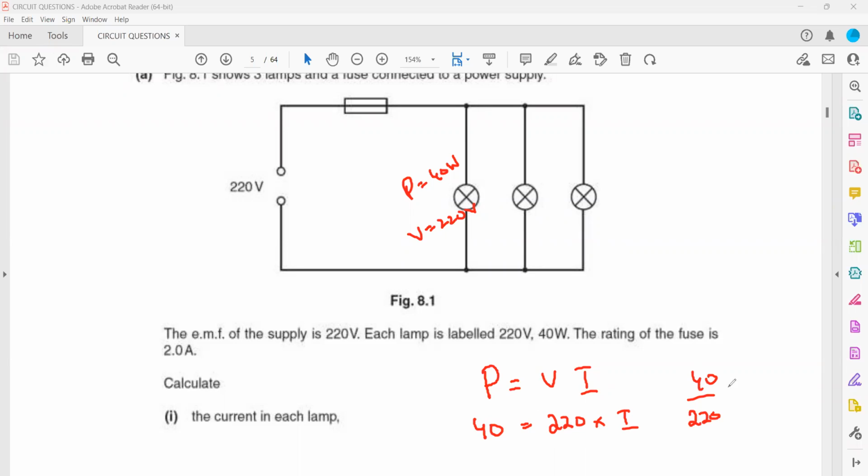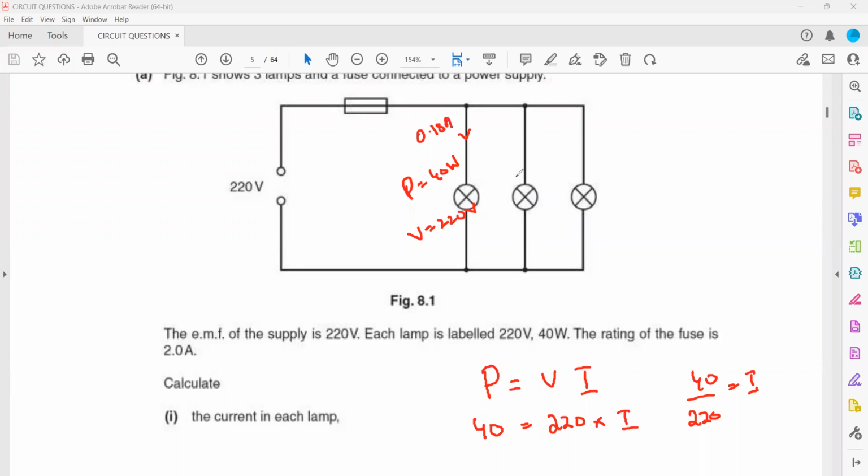What is 40 divided by 220? How much current will flow in each lamp? It is 0.18, so there will be 0.18 ampere.